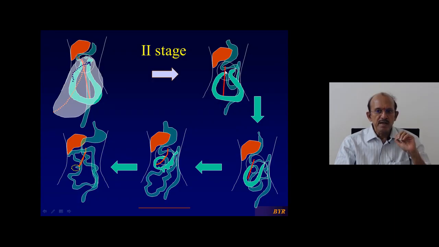Now, you can see here in the second image, the pre-arterial loop is passing behind the superior mesenteric artery. This part is the duodenum. That is why the third part of the duodenum lies behind the superior mesenteric artery.